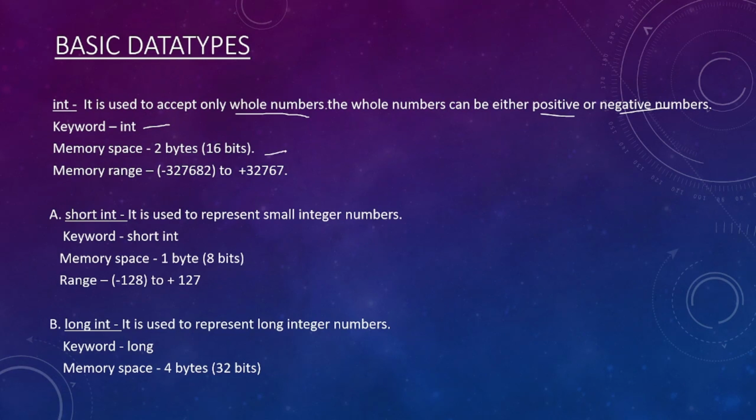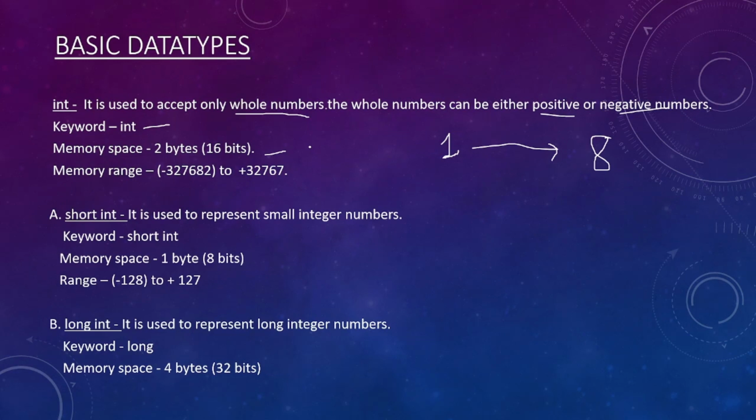Now, this is an important conversion you'll need to know. 1 byte is equal to 8 bits. This is very important, because if you want to convert bytes into bits, this becomes very important. So 1 byte is equal to 8 bits. Here 2 bytes are there, so it is 16 bits. For your convenience, I have given the bitwise memory space also here, like how much it is in bits.